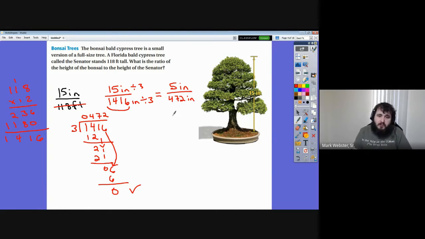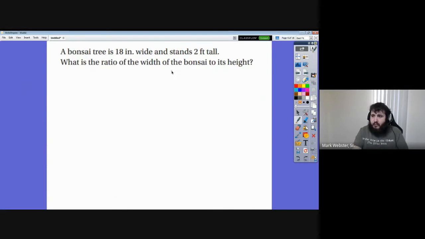But I will warn you in advance, if you give Math XL this one, it will mark it wrong because it's not in simplest form. Math XL will expect 5 inches over 472 inches, or whatever your problem is, right? They'll expect that you check to see that it's in simplest form, and then they'll expect you to do it. So give this one a try.